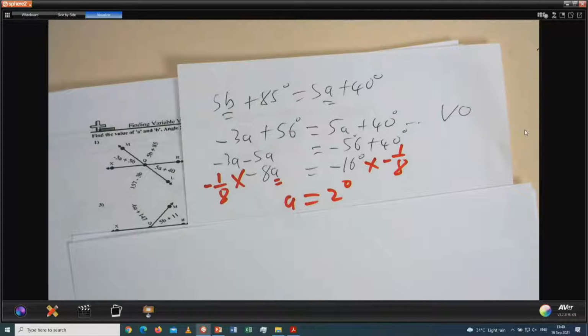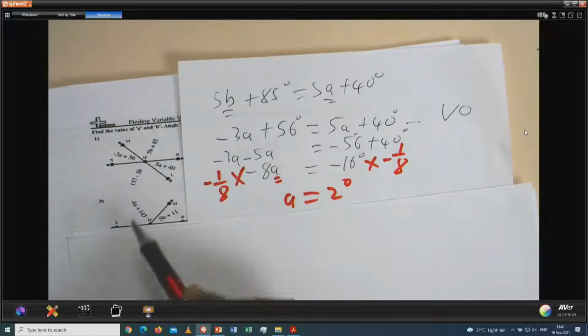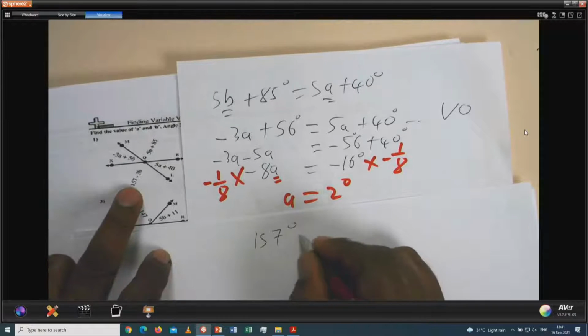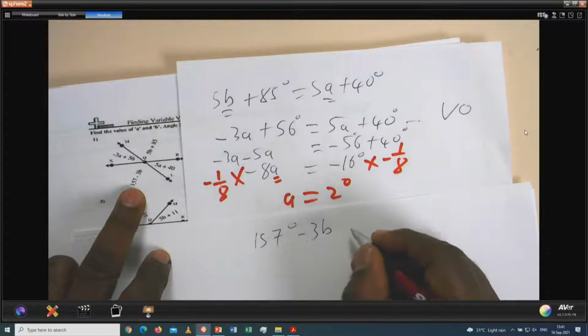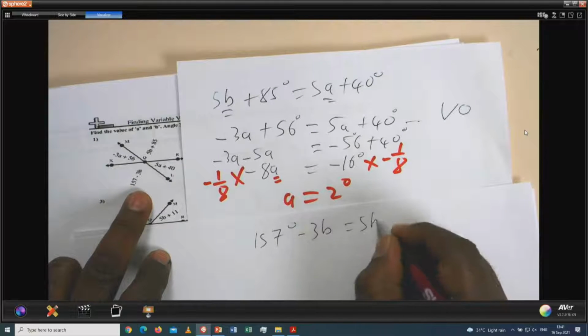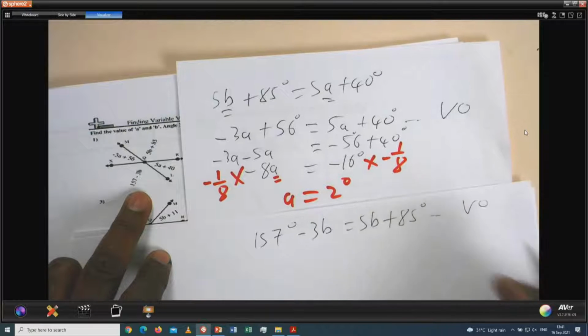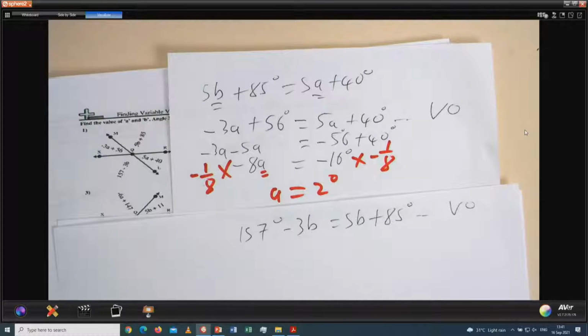Right? We have also realized now vertically opposite makes life easy for us. Now we look at the vertically opposite again here. 157 degrees minus 3B equals 5B plus 85 degrees. What is the reason? Vertically opposite.